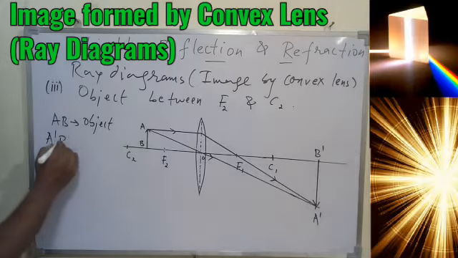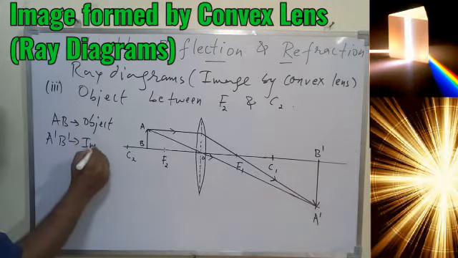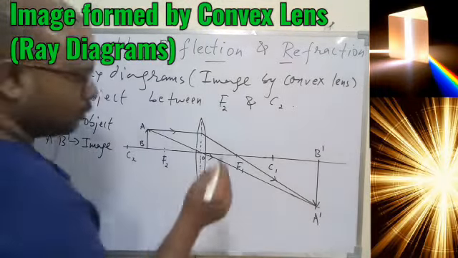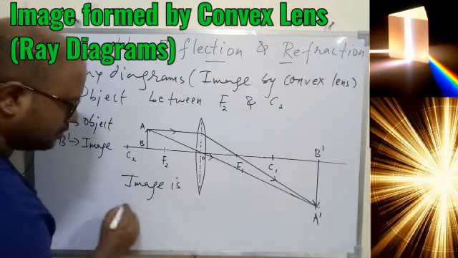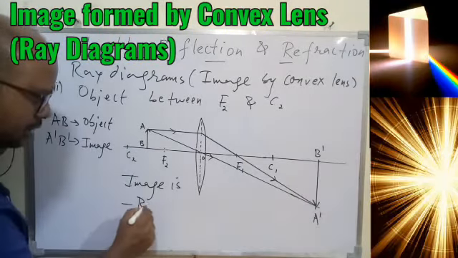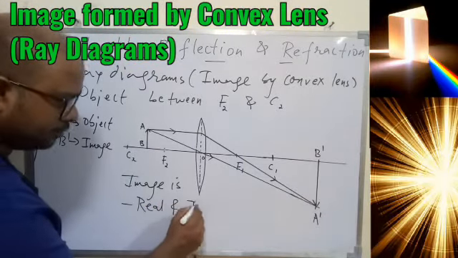So here A prime B prime is the image, no doubt. And if I talk about the characteristics, so image is very first real, you can see, and inverted also.